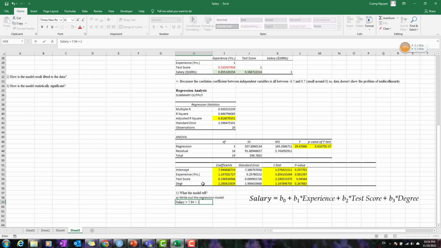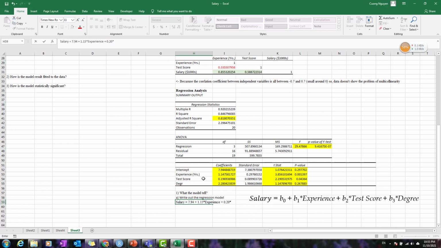So the coefficient will be 1.147. So I will put 1.15 times the experience. Okay, plus for the test score, 1.96, so this is 2.0.